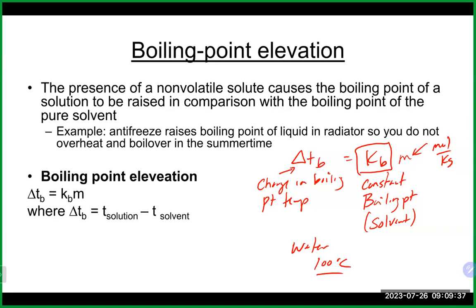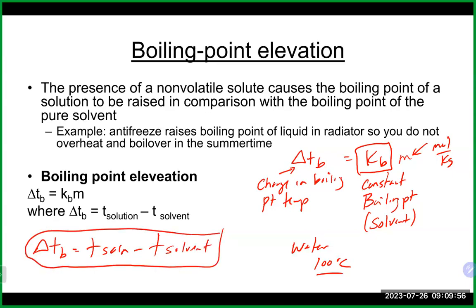The change in the boiling point temperature is different than what we see with freezing point, because the boiling point here is going to elevate, which means it's going to be a larger number. When we calculate the change in boiling point temperature, it's actually the temperature of the solution minus the temperature of the solvent. So that is backwards of freezing point. Freezing point, we do solvent minus solution. Boiling point here, we do solution minus solvent, so that we get the correct thing.